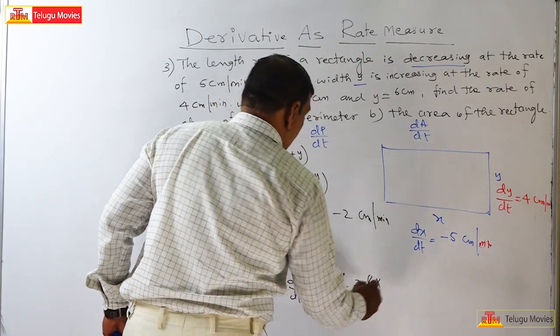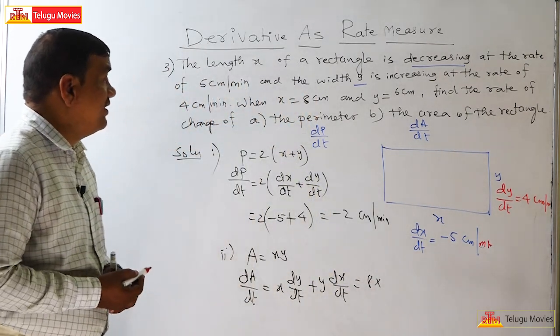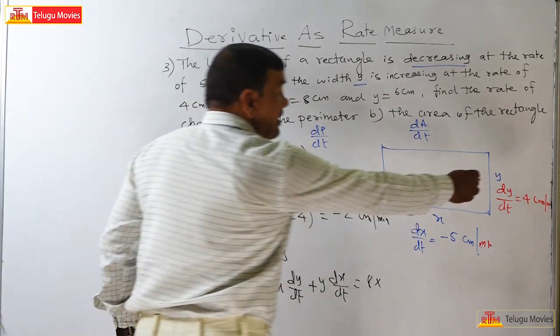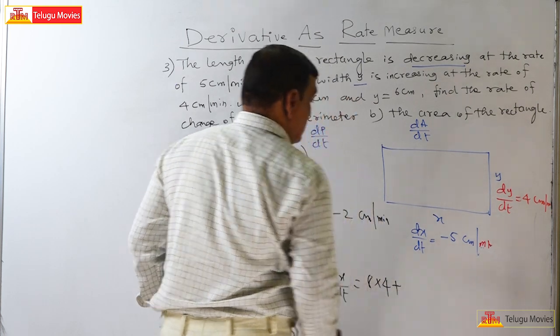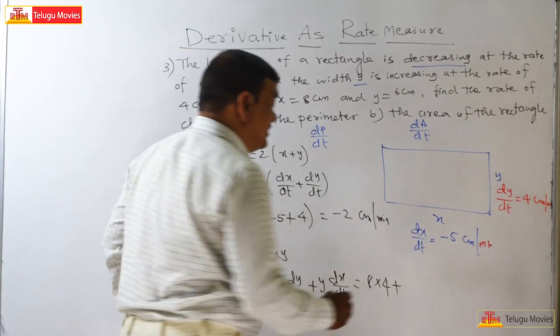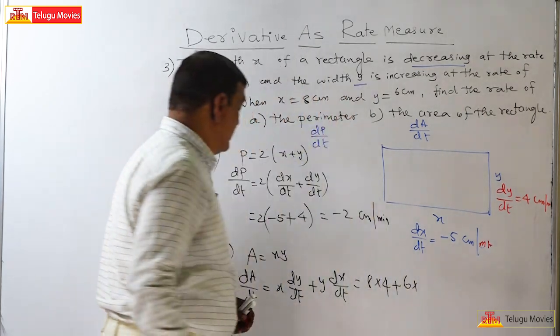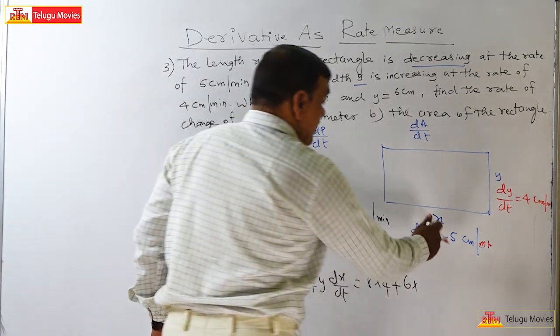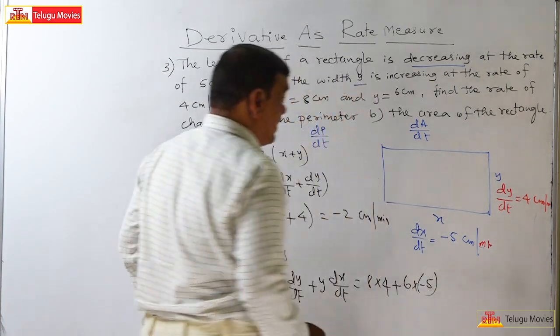So 8 into dy by dt, which is given as 4, plus y value is given as 6 into dx by dt, which is minus 5.